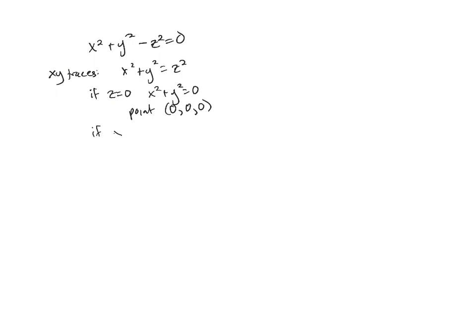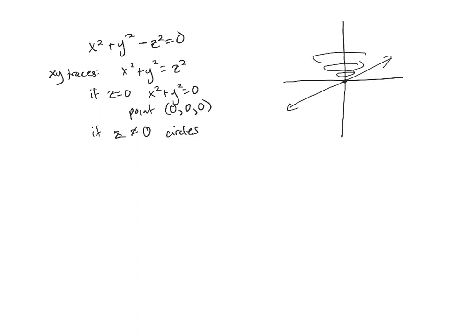If z is not 0, then we get circles, where the circles are increasing. So similarly to one of the other examples, we end up with increasing circles, except that we also end up with that point.